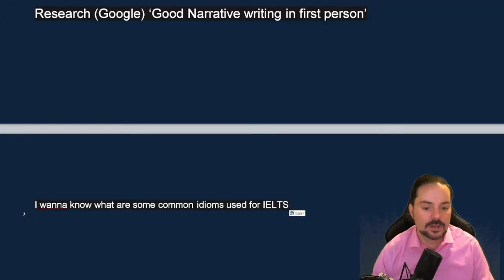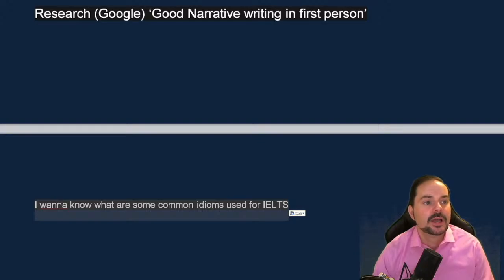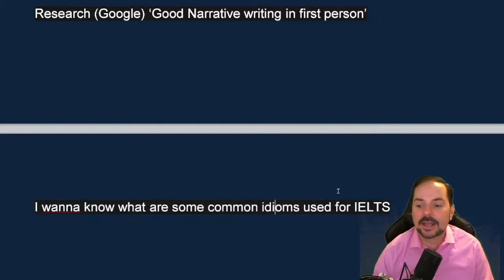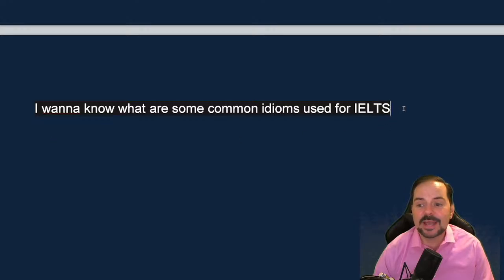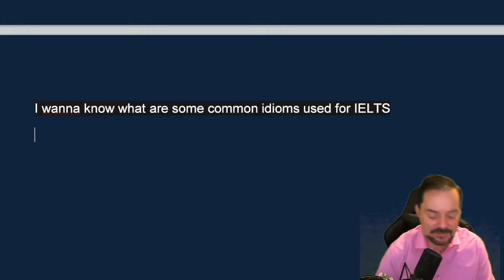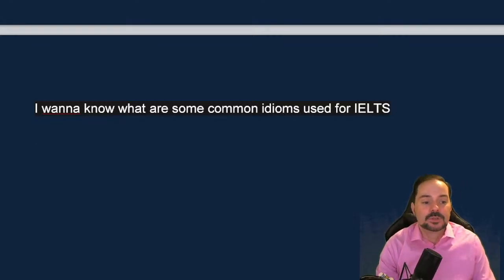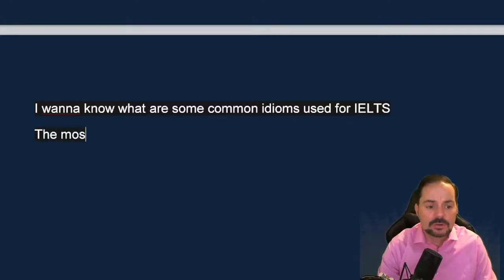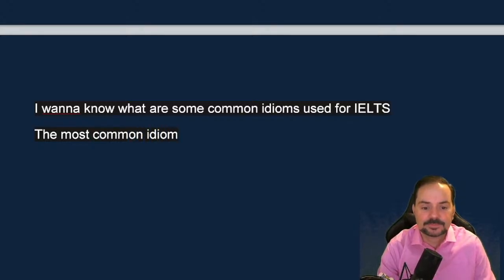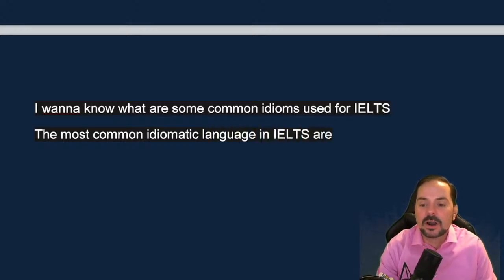So here we go. This is Hasna's question. It's a good question, and it has a simple and quick answer right off the bat. Yeah, there's an idiom for you right off the bat. Okay, so the most common idiomatic language in IELTS are phrasal verbs or verb phrases.